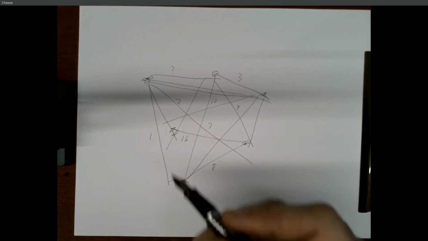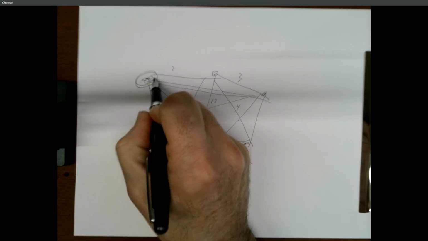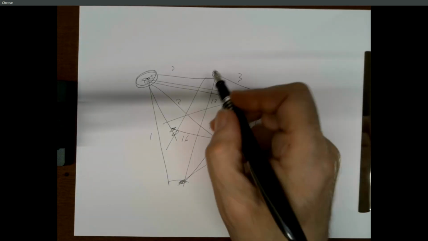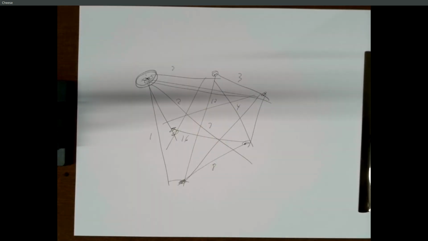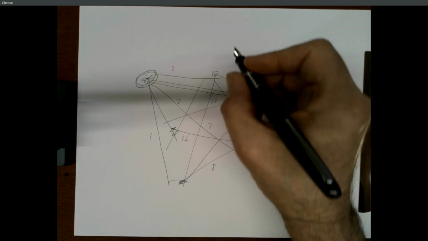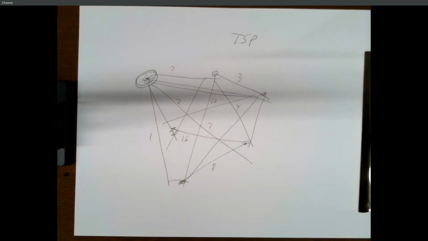And your question is, starting at one place, what's the path you should take so that you can visit each city and return to your original point in the least total distance? Okay, so this is the traveling salesperson problem. And it's probably the most attempted computer science problem out there. People who have no background in computer science will spend their lives trying to solve this. It's a very famous problem.